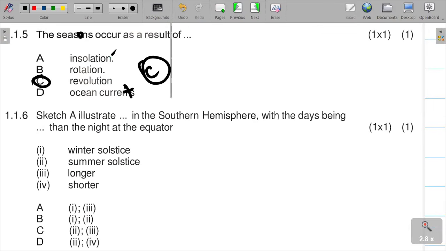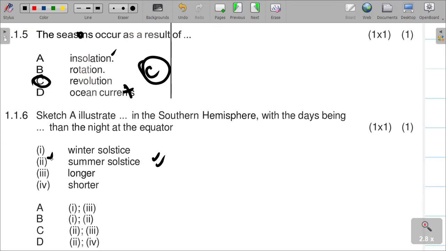Sketch A illustrates dash in the southern hemisphere, with the days being dashed and the night at the equator. In the sketch above, what is being identified is that it illustrates the summer solstice, in the southern hemisphere, with the days being longer than the nights.